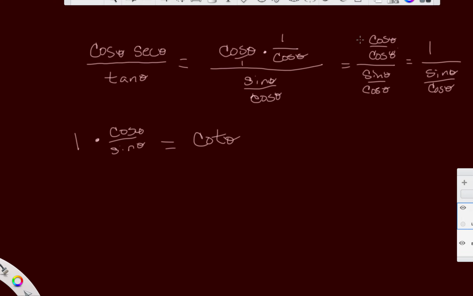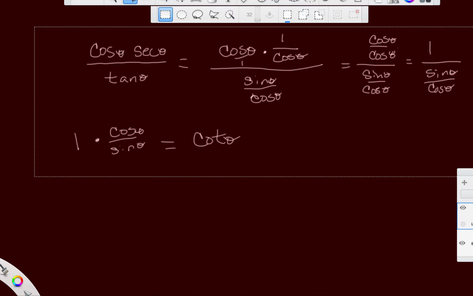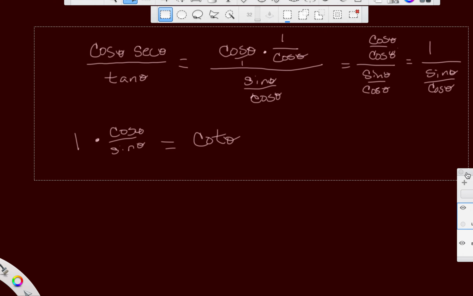Once this simplified to 1, you probably saw that it was 1 over tangent, which is cotangent. But for purposes of the rest of the test, using this idea of converting to sine and cosine is very important, especially when you're simplifying complex fractions. So those are the big ideas for that type of problem. There's going to be another type of problem, and hopefully I can make this work out.